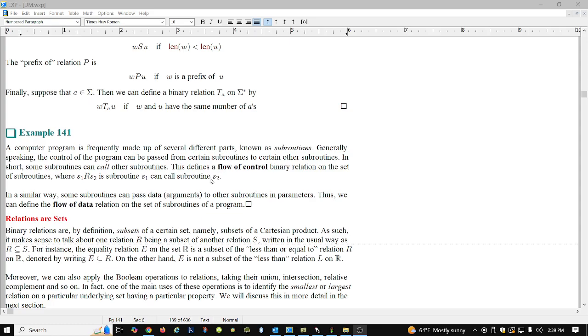In a similar way, some subroutines can pass data in the form of arguments to subroutines that have parameters. And that defines a flow of data binary relation on the set of subroutines.